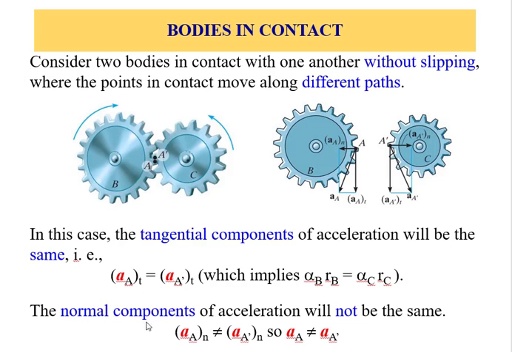However, the normal component, AN, looking at point A from the B side, is directed toward B, and from the C side, directed toward C. These two components are different and not equal, simply because the normal component is omega squared r, where r and omega are different.